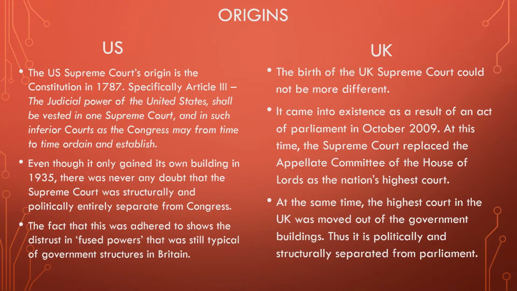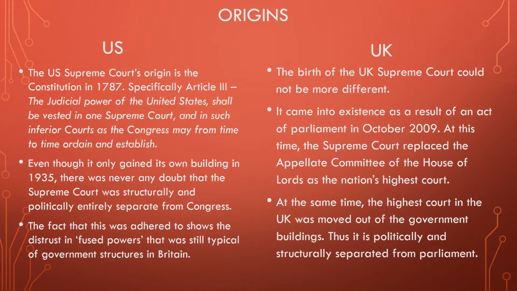And the fact that this was adhered to shows the kind of distrust in the fused powers that was still typical of government structures in Britain. Don't forget, the Constitution, the Bill of Rights as well, were all written as a reaction to British control of America.